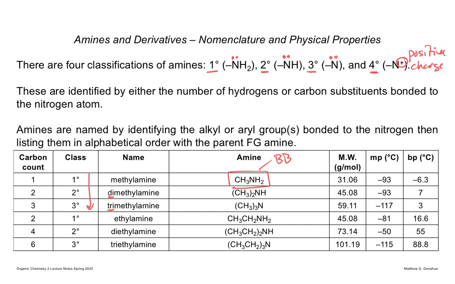Probably the most common base that we use in lab is this tertiary one called triethylamine. So it's a nice base. And by that word base, we mean it's abstracting a hydrogen.